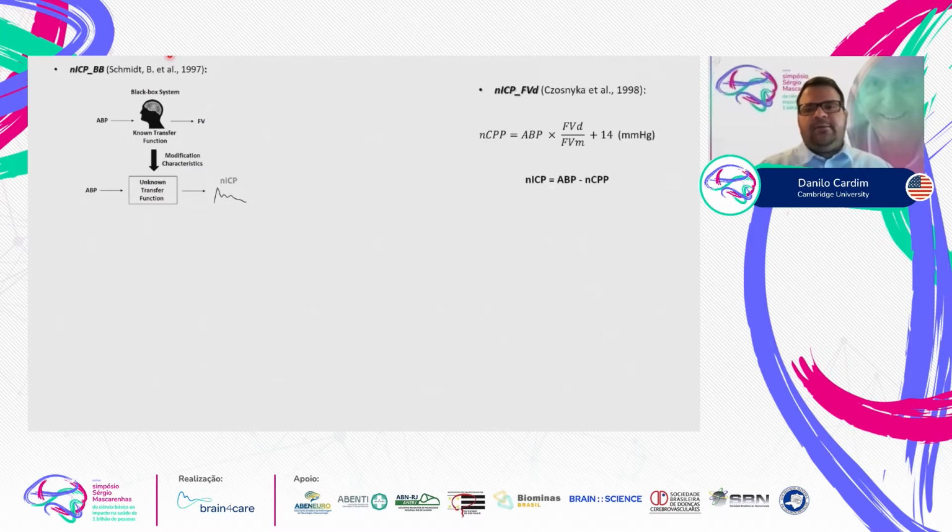And then the second method that I had the opportunity to work with is a model developed by Professor Czosnyka himself. This method relied mostly on linear regressions between patients that had invasive intracranial pressure measurements alongside transcranial Doppler measurements.